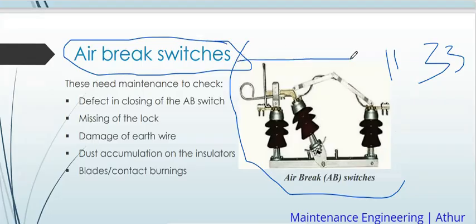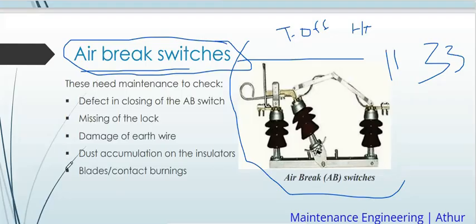Otherwise, the other way you can isolate 11 kV is from T-offs. There is another terminology I didn't talk about, T-off, and these are always what we call high tension fuses, HT fuses. High tension fuses can also help in isolating. But what we are talking about with air brake switches is to check all these things to see if they are working.